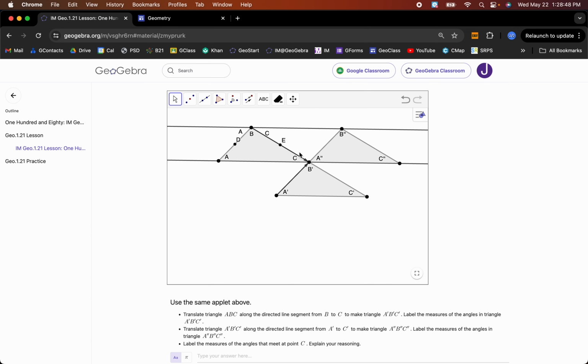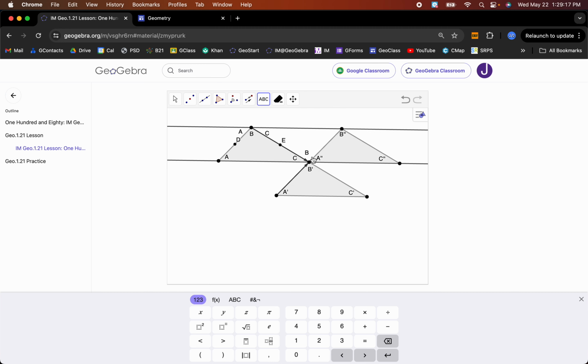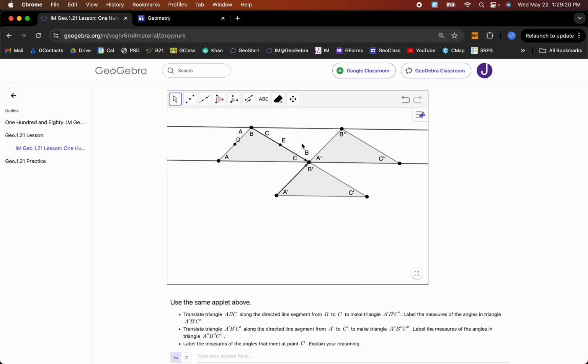But as I look at it, it kind of looks like, isn't it the same as B? Because look, don't these make an X? And isn't this a vertical angle right here? This is actually a vertical angle for B, or B prime, right? So I can actually label this and put a little B in here. This is actually angle B, right?